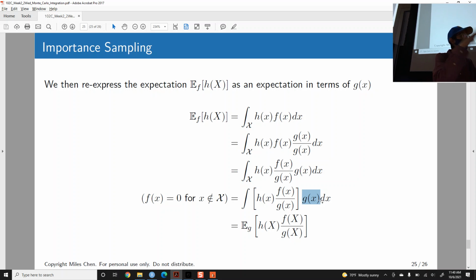We're just getting everything into some arbitrary function times a PDF. So this integral will evaluate to the expected value of h of x times f of x over g of x, where x is a random variable defined by the PDF g.